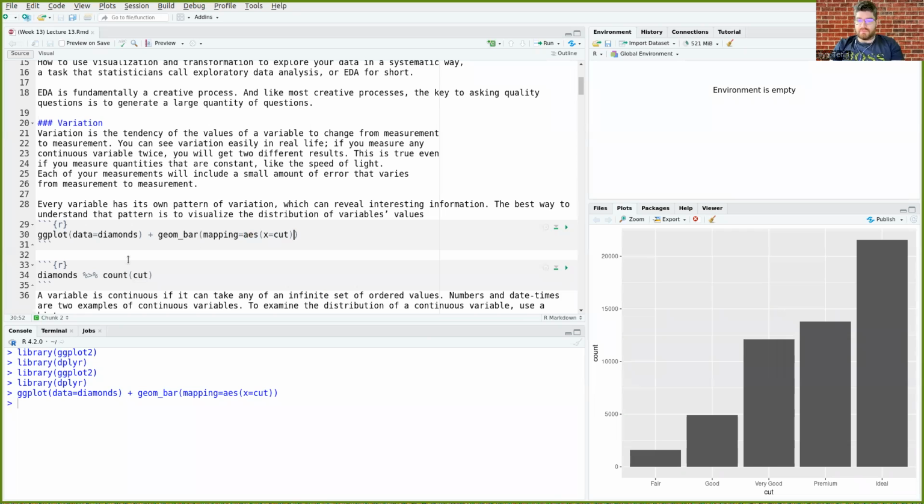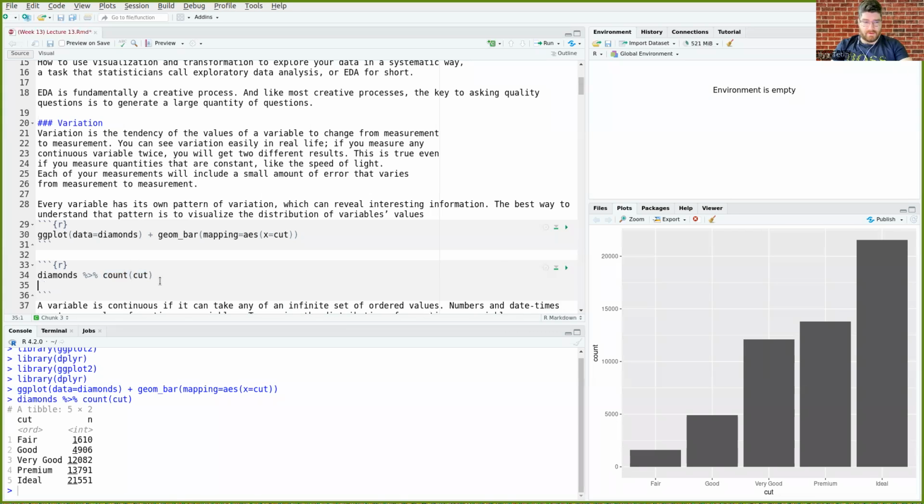Also, you have to be familiar with this notation. This is called the pipe. We can place the pipe using the Control Shift M combination of keys. And this allows us to use notation like that: diamonds, we place these diamonds into the function count cut.